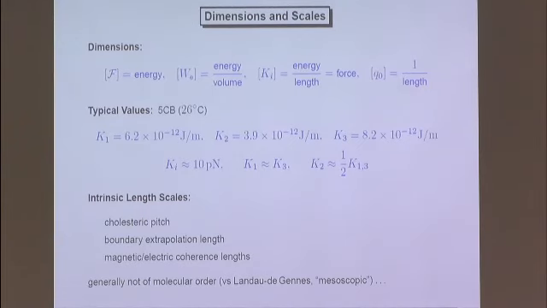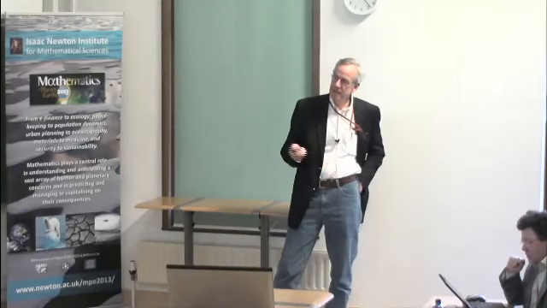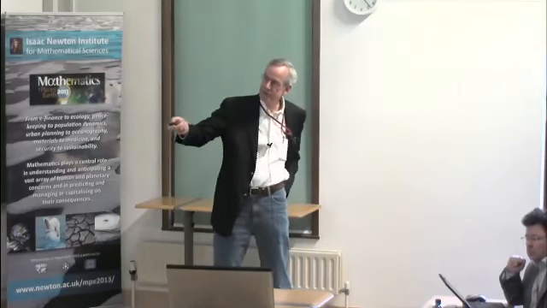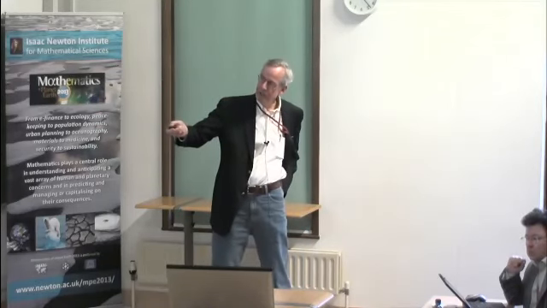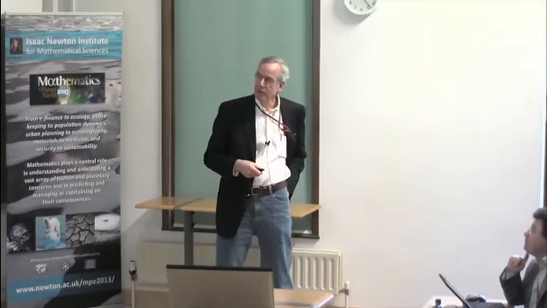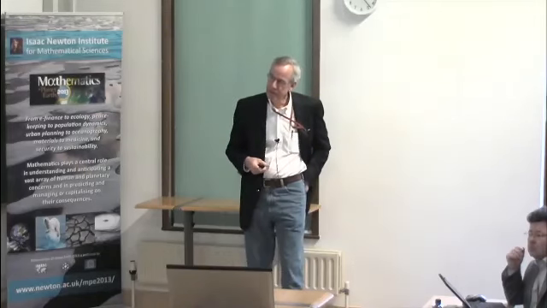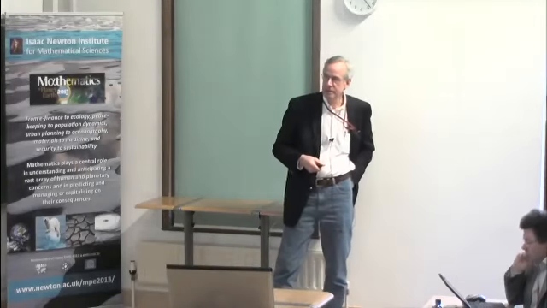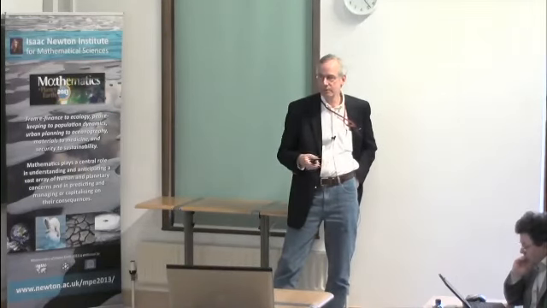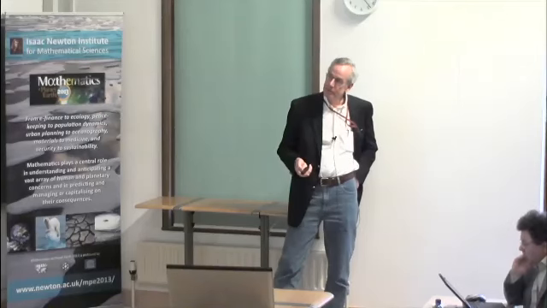The way length scales are introduced into the model is if you have the cholesteric pitch, then that's a length scale in itself. If you have a surface anchoring potential, then you get a boundary extrapolation length, as Oleg utilized in his comparisons yesterday. And if you have a magnetic field or an electric field, you can identify certain length scales associated with the magnitude of those fields.